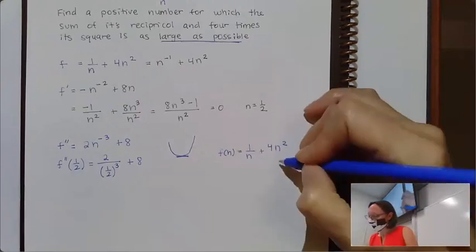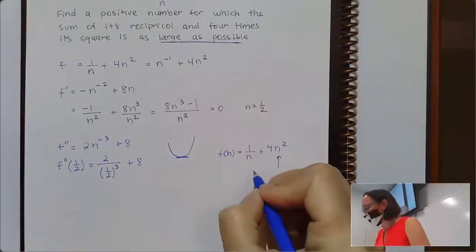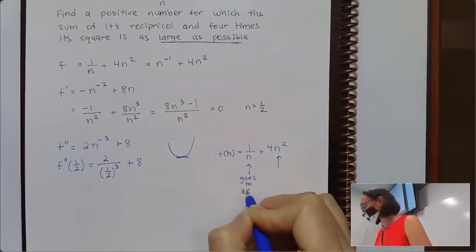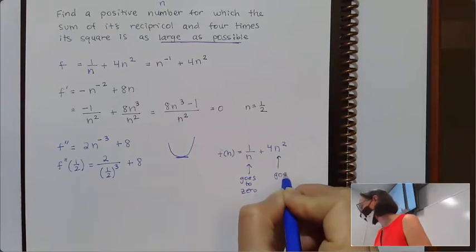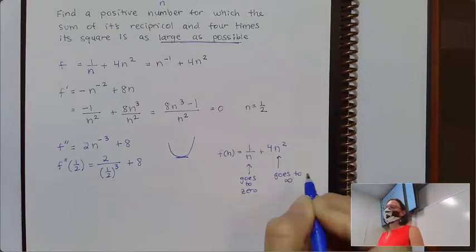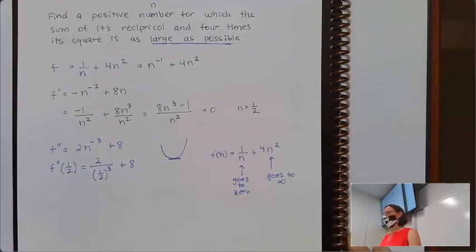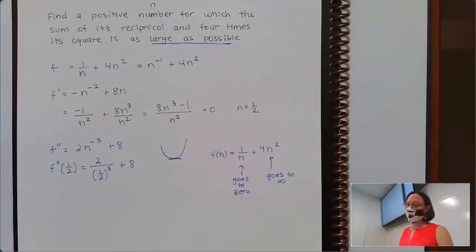Like this part's going to go to 0, but this part goes to infinity. So this is a poorly written problem that I found randomly in the classroom.